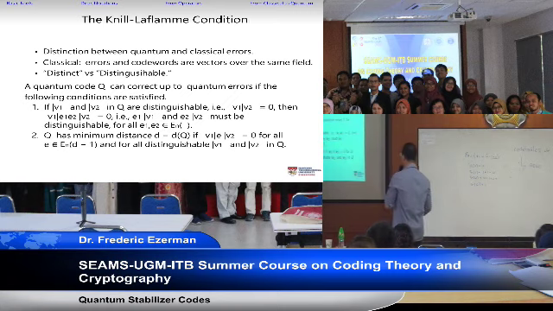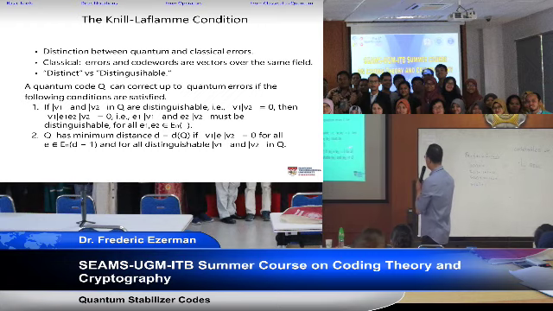So Q has minimum distance D if this product is 0 for all E in the set of all error operators up to weight D minus 1, for all distinguishable V1 and V2 in Q. Okay? That's the notion of minimum distance.